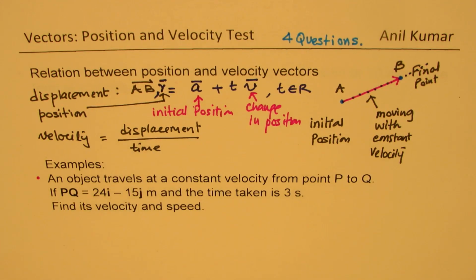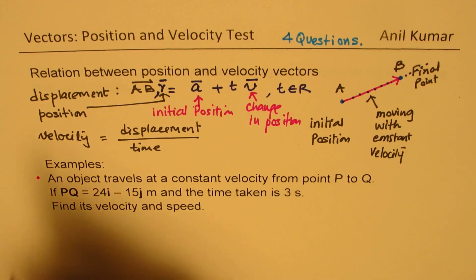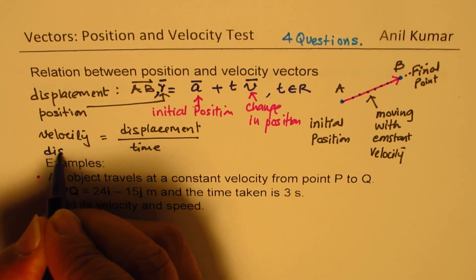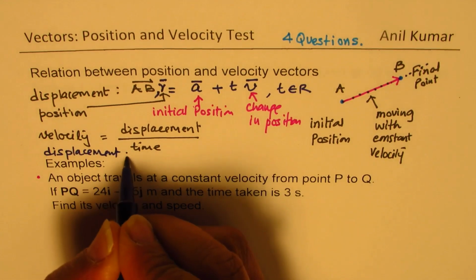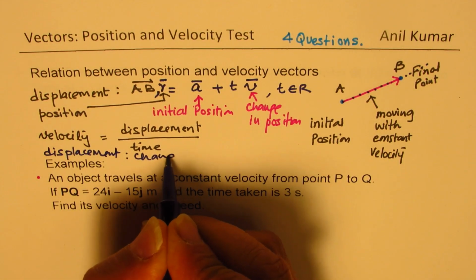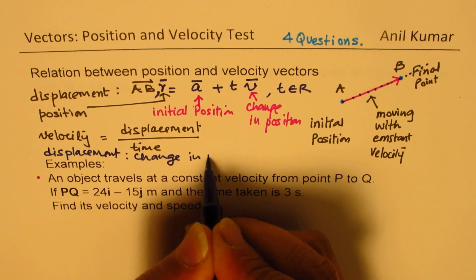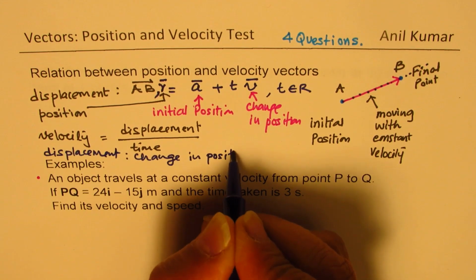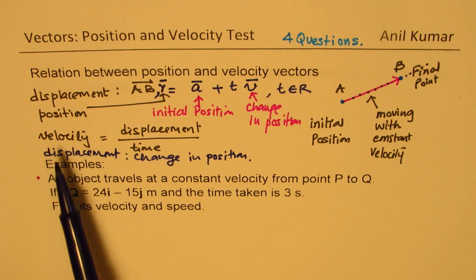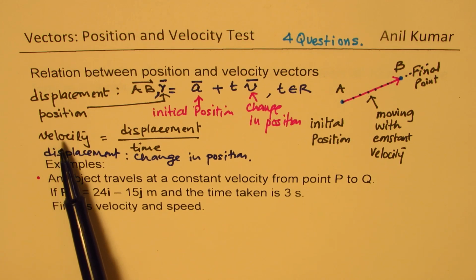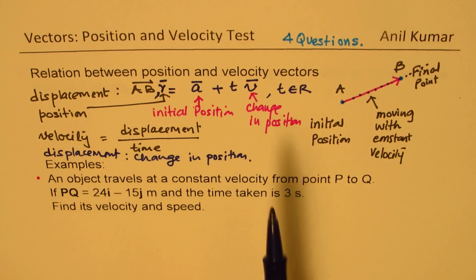And let me insert here, displacement is change in position. Clear? So displacement is going to be change in position, right? Now in vectors, velocity has two components. It has a magnitude, which is the speed, and the direction.